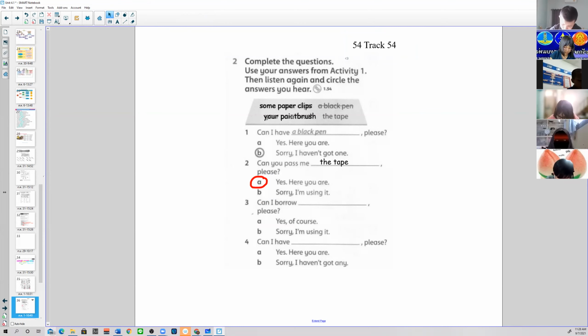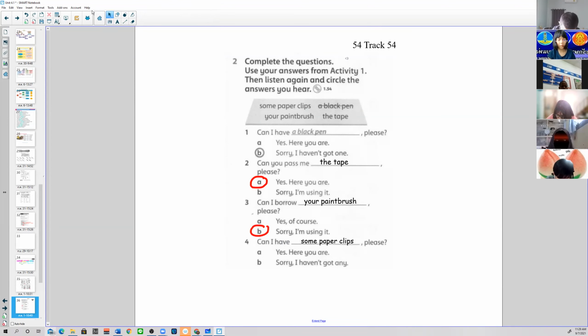Your paintbrush, please. Okay. What is the answer? Sorry, I'm using it. Right. And then number 4. Can I have some paper clips, please?